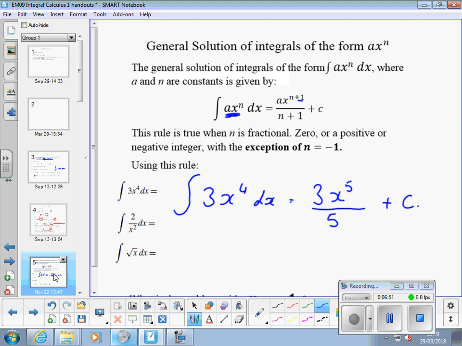Why are you not adding the 1 as well? Divide by n plus 1. No, n is the old index. Oh, n is n. You've already added 1 on, so it's 1 on to 4, and divide by that new index.